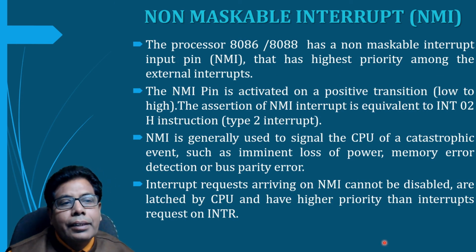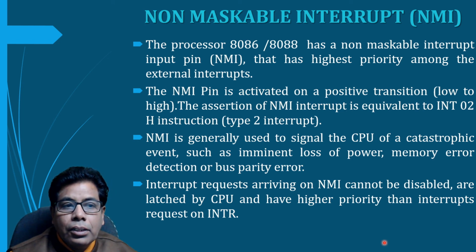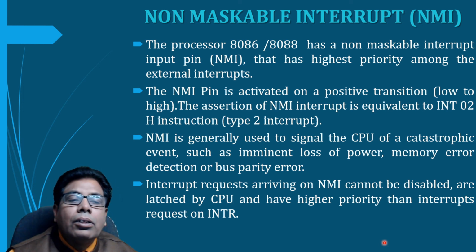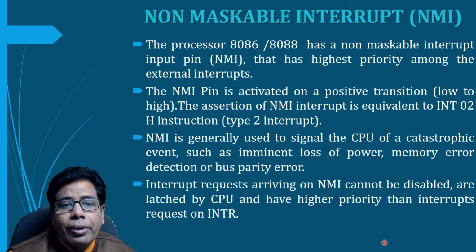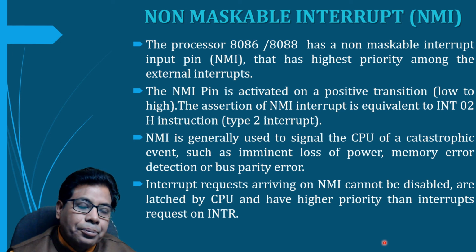Then the next interrupt is the non-maskable interrupt, or NMI. This is an input pin on the processor, and it has higher priority than the INTR. It has the highest priority among the external interrupts. We have two external interrupts, NMI and INTR.